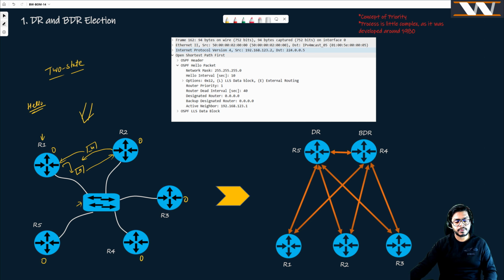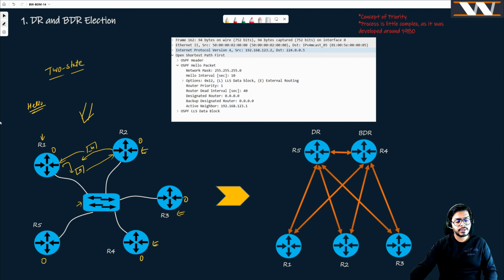Similarly, R3, R4, and R5 are also going to send the hello packet as soon as you configure OSPF on them. At the end of the day, every router on the LAN segment is going to be in the two-way state.